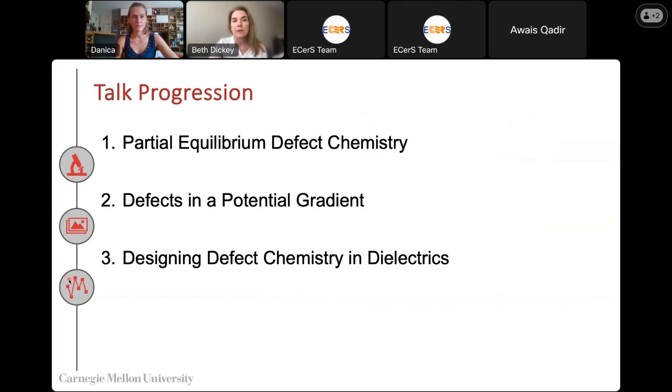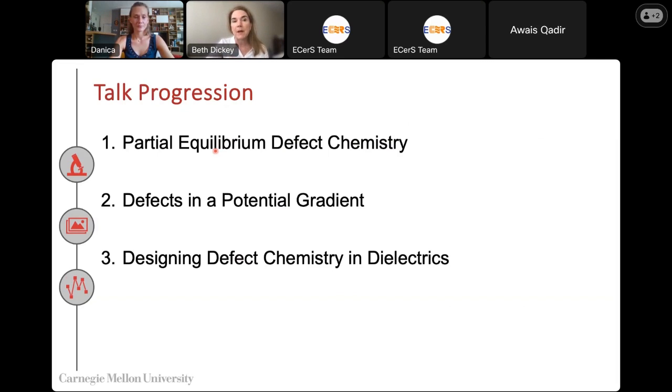I'm going to start at a tutorial level, because I'm sure there's a pretty diverse background of people in the audience, and talk about equilibrium defect chemistry, but also partial equilibrium defect chemistry, where the population of defects depends on processing history and mobility of defects and the ability to get to equilibrium.